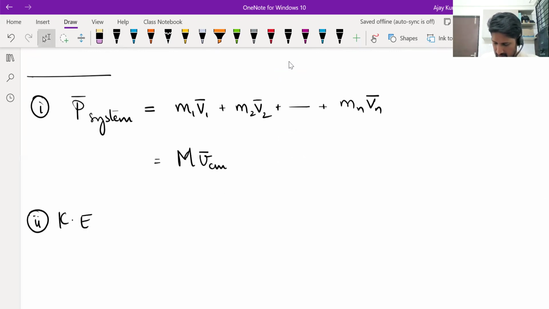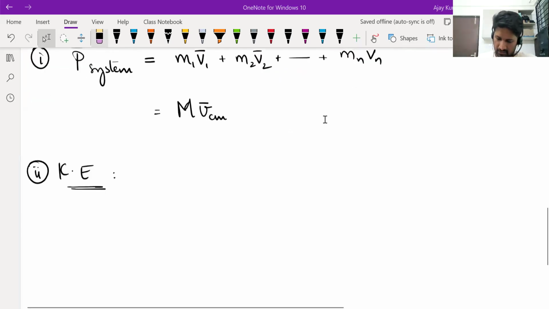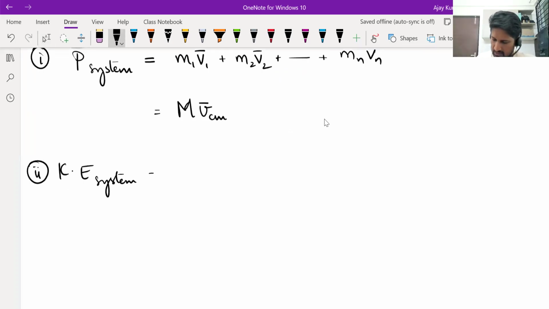Kinetic energy. One of you tell me what is the basic formula for kinetic energy of a single particle? Half mv square. Half mv square, correct. Now suppose there is a system of particles. Then you will have to take half m1 v1 square plus half m2 v2 square, so on up to half mn vn square.